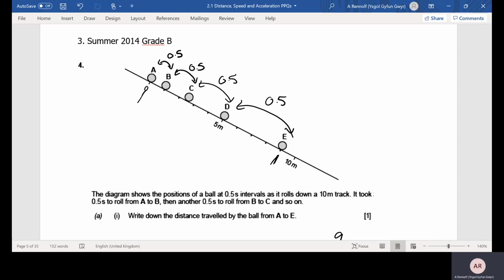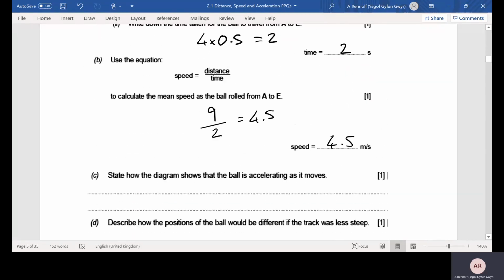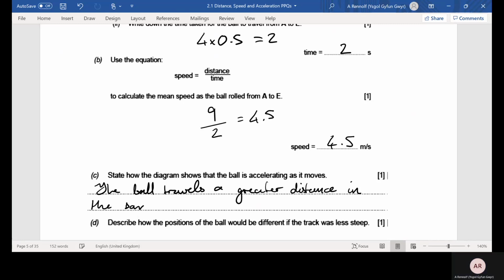So what we want to say is that the ball travels a greater distance in the same time interval as the journey progresses. That's the kind of thing we're looking for there.